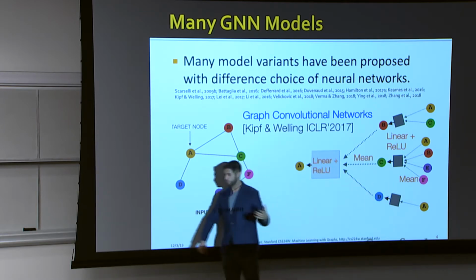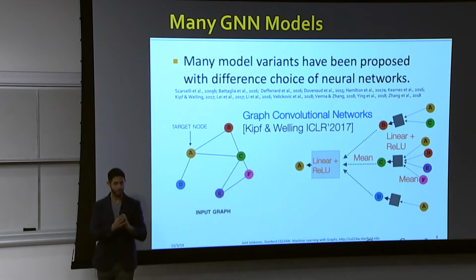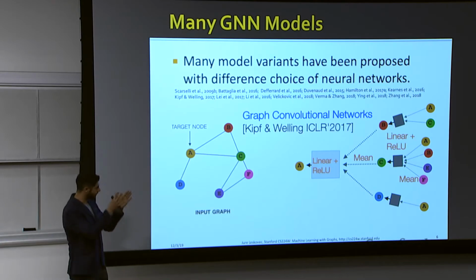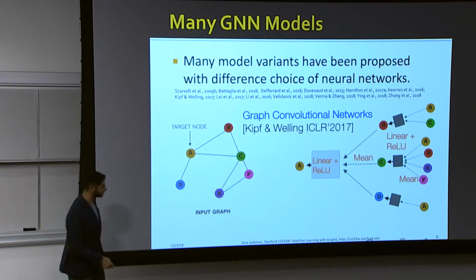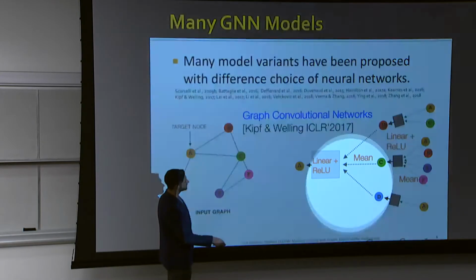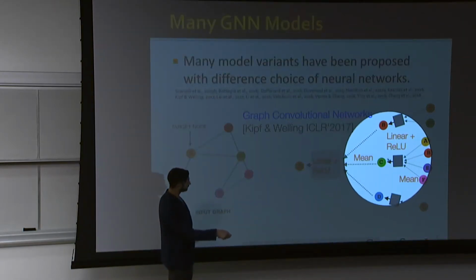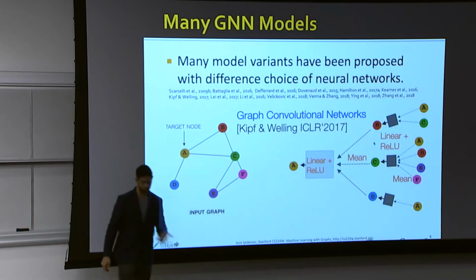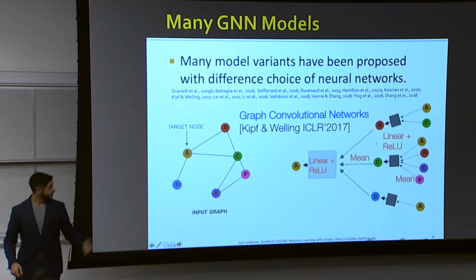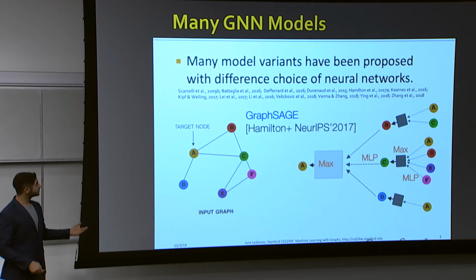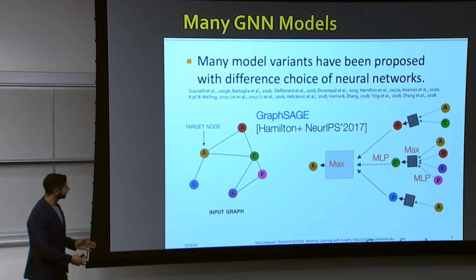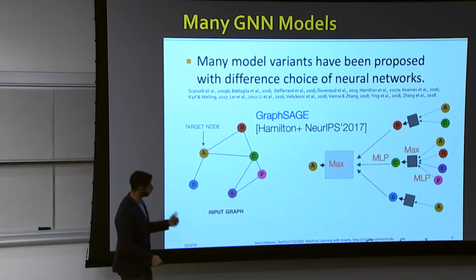I'm going to refresh this idea of pooling for you, but if you remember, we take the vector representation of each node, and then we take the mean among the different components. And then in this case, we do a linear combination plus an activation layer that brings some nonlinearity. That's how we design our graph convolutional networks. We have also seen GraphSAGE. Pretty much the same concept. We are still aggregating over neighbors, passing the data through a neural network.